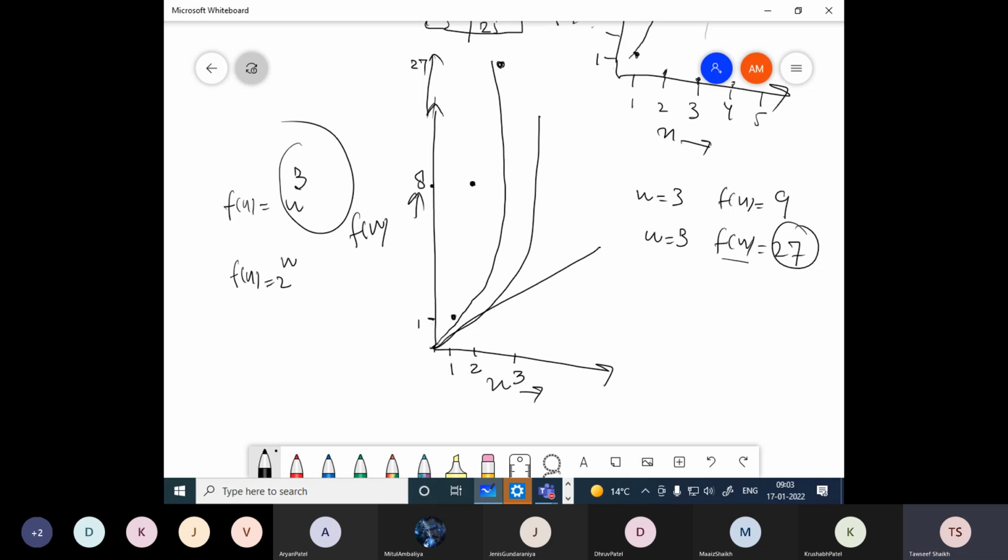And these types of functions, where the value increases in a very short period of time and in a very high, scalable manner. Like initially n was 3, f(n) was 3 if it is linear. n is 3, f(n) was 9 if it is quadratic. n is 3, f(n) is 27.